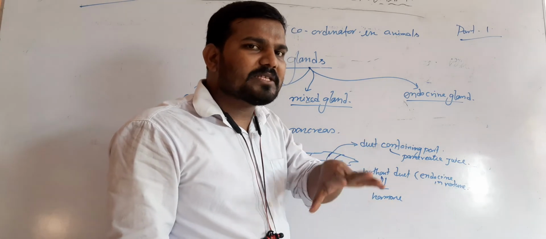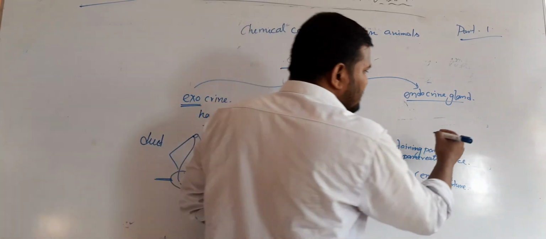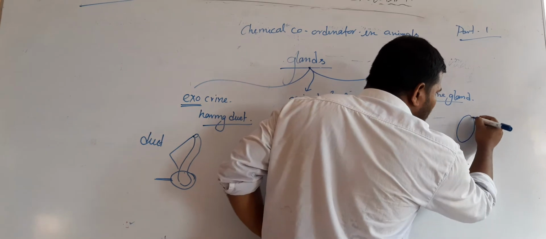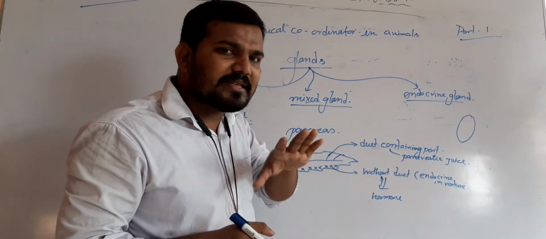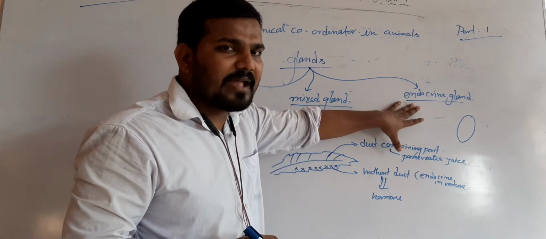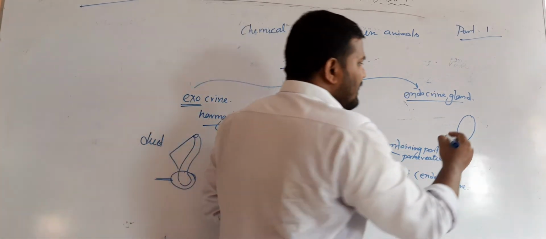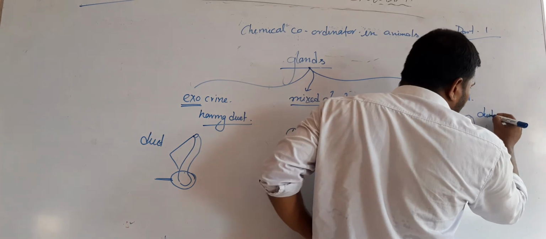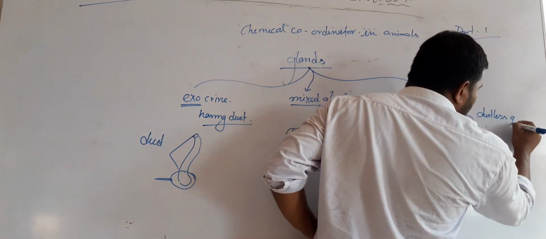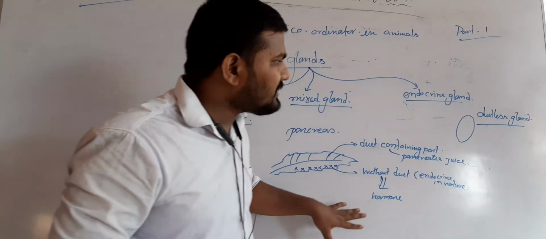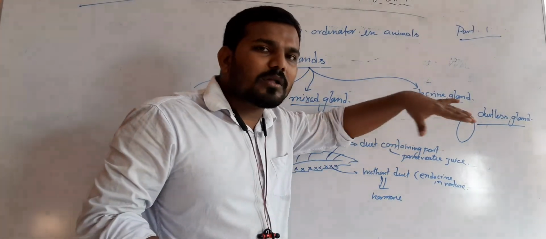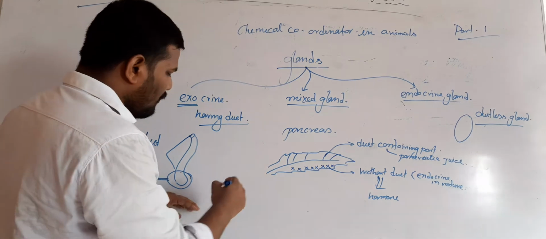When we observe the structure of this type of gland, the glandular portion does not contain any duct. Duct is absent in the endocrine gland. That's why they are known as ductless glands. The secretion of an endocrine or ductless gland is known as hormone.